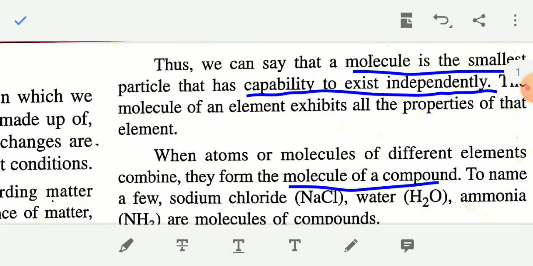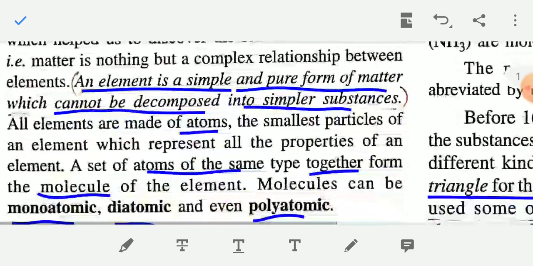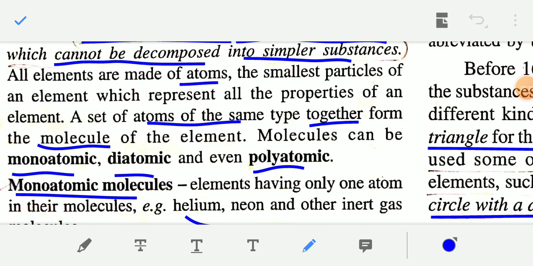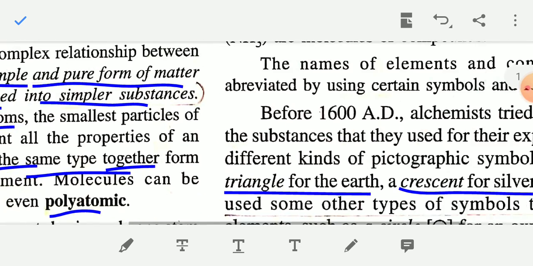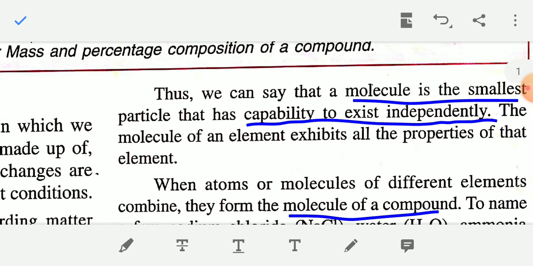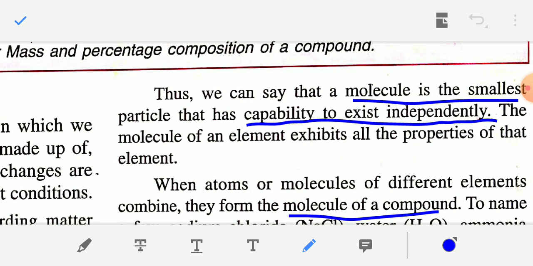And one more thing, here one point is given: a set of atoms of the same type together form a molecule of the element. However, when atoms of different elements combine, they form a molecule of a compound.